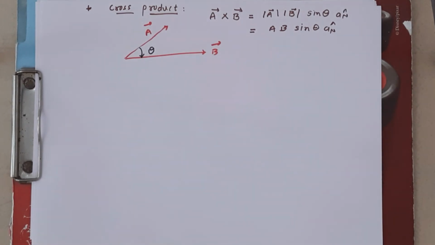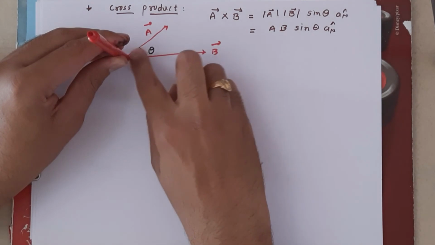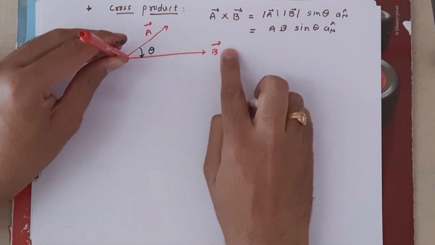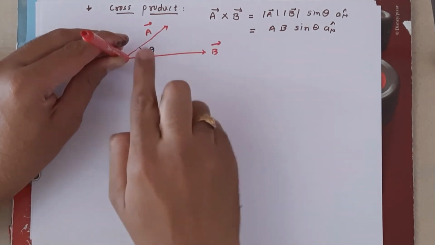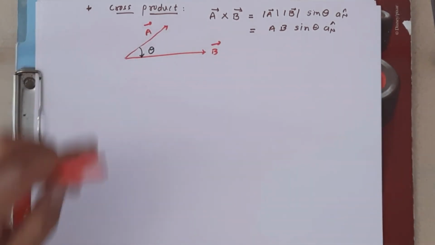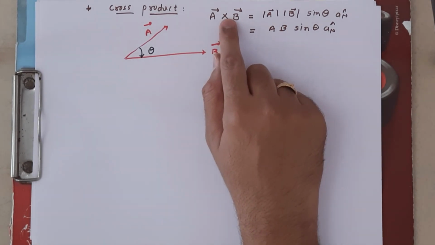So whatever new vector is generated, it is always perpendicular to the plane of vector A and vector B, or you can say that the new vector is perpendicular to vector A and also perpendicular to vector B.